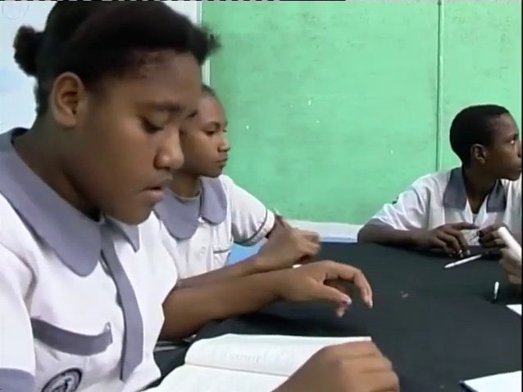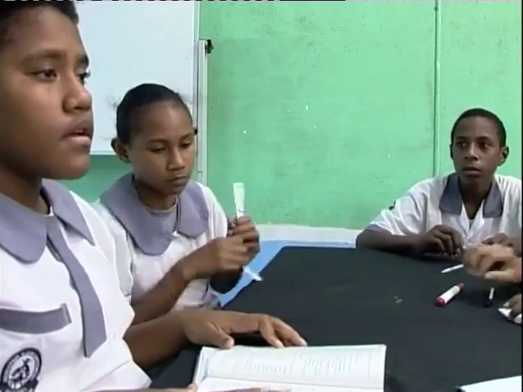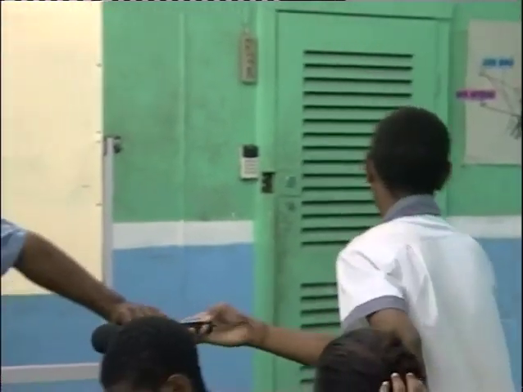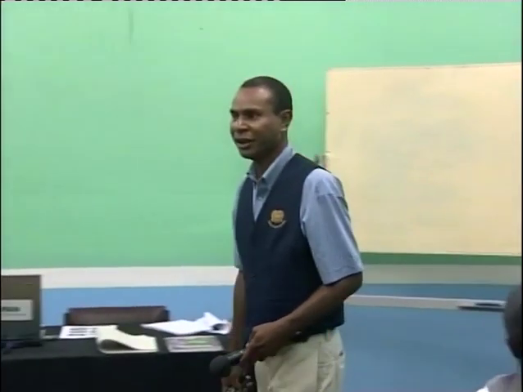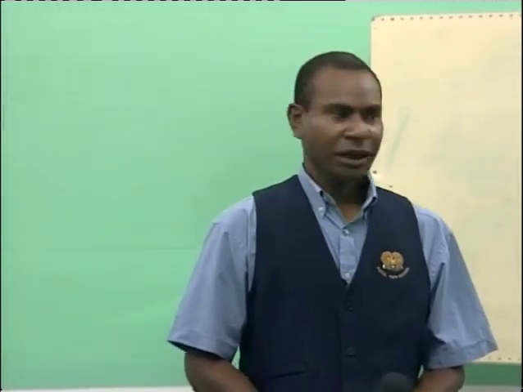JJ. Okay, last one. Living things and non-living things living in a particular area. Okay, our final answer. Thank you, JJ, for the answer. Our final answer is living things and non-living things living in a particular area. All the answers are good.